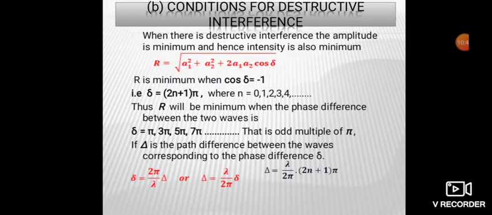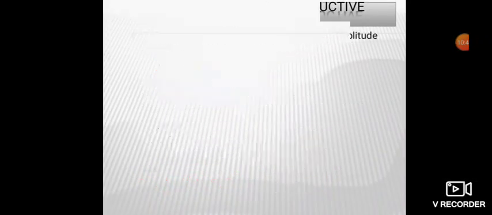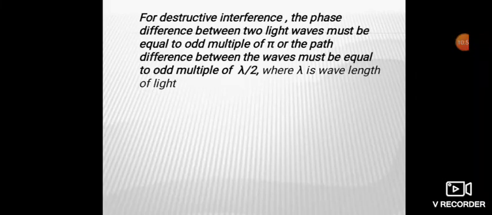That value we have substituted. So pi cancels. We get that the path difference is (2n plus 1) lambda by 2. Now for destructive interference, the phase difference between the two light waves must be equal to an odd multiple of pi, or the path difference must be equal to an odd multiple of lambda by 2, where lambda is the wavelength of light.